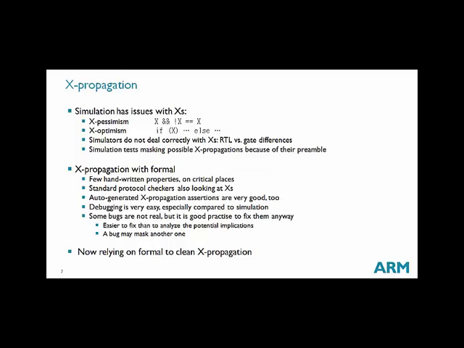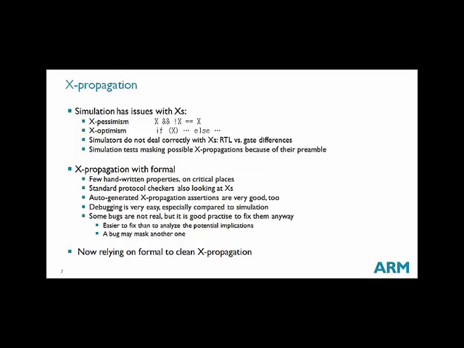Also in simulation, usually we have a preamble in the test which will initialize some registers, and in reality it's not always true. So that again can mask some X's. So we have put in place a methodology based on formal verification to verify X-propagation.